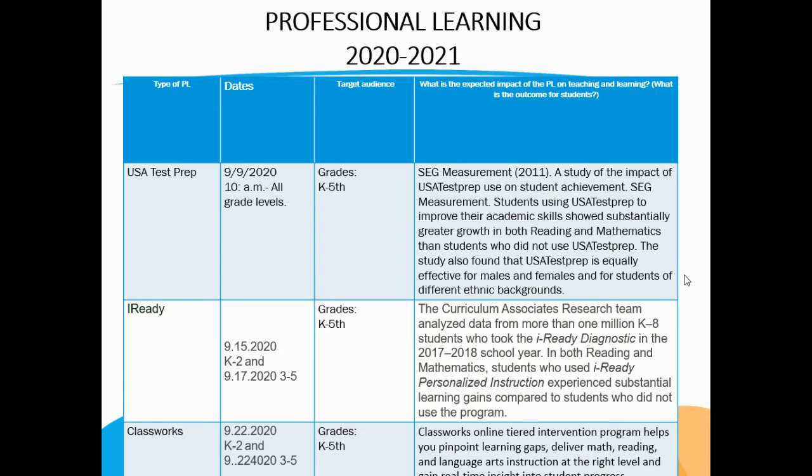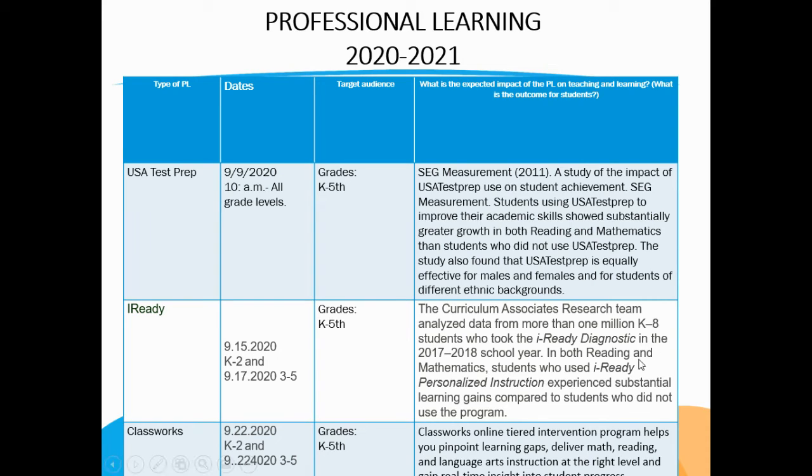For iReady, the teachers have had professional learning on that, grades K through 5, with research that suggests that the Curriculum Associates research team analyzed data from more than 1 million K through 8 students who took the iReady diagnostic in the 2017-2018 school year, and in both reading and mathematics, students who used iReady personalized instruction experienced substantial learning gains compared to students who did not use the program.